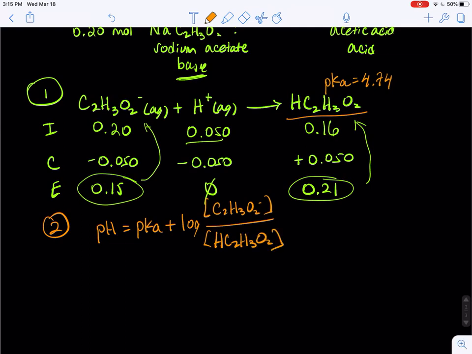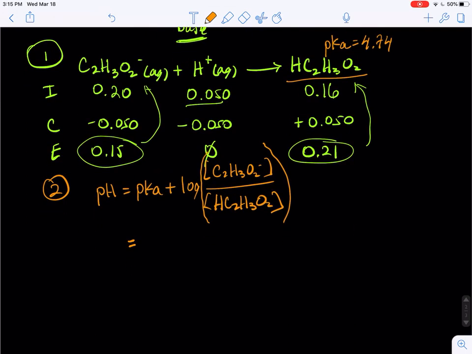Make sure you're doing the log of that fraction, so use parentheses on your calculator when you do this. So that's 4.74 plus log of 0.15 over 0.21. And let's see what we get here. I get a value of 4.59. Okay.